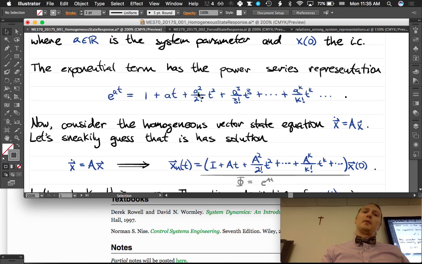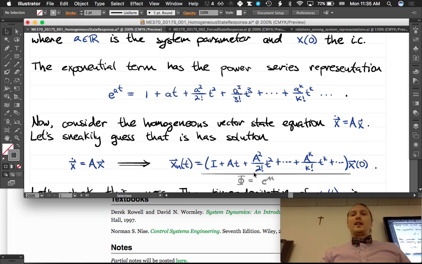And then wherever you see the A scalar, we're just going to stick in the A matrix, okay? And otherwise it has the same form. Let's say that all of that is, I guess, the factor out in front of the initial condition in our solution.